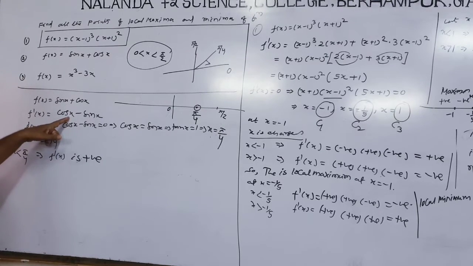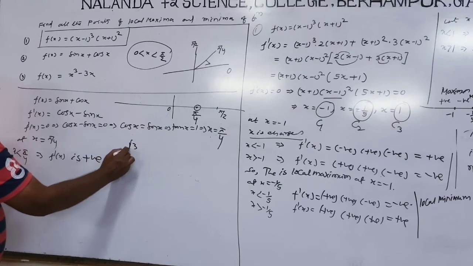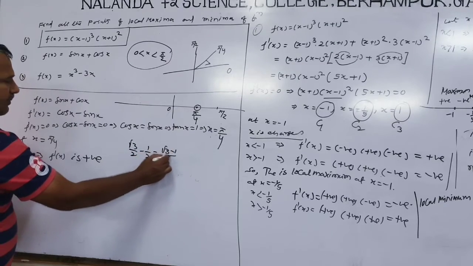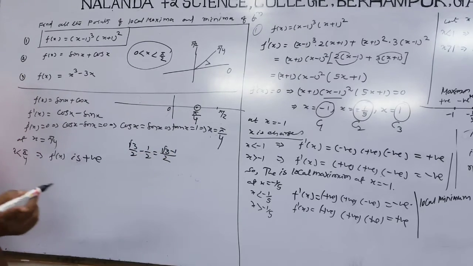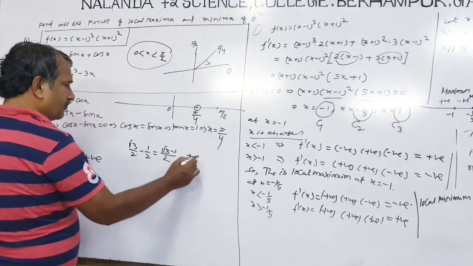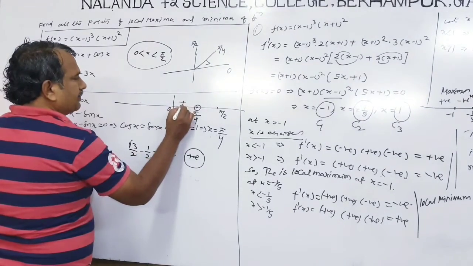Root 3 by 2. What is sin 30? 1 by 2. Now root 3 by 2 minus 1 by 2, or root 3 minus 1 by 2. Root 3 means 1 point something, minus 1, so this is positive.